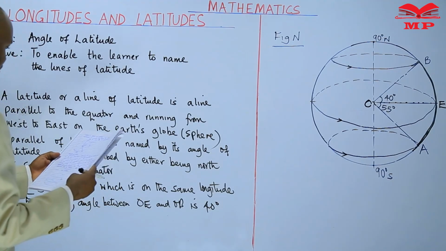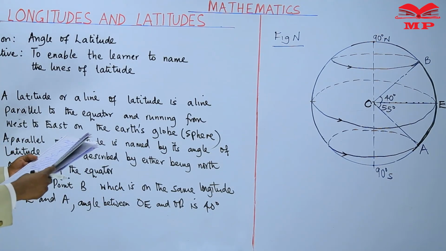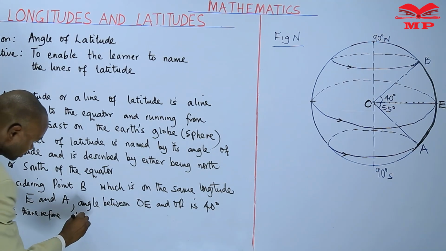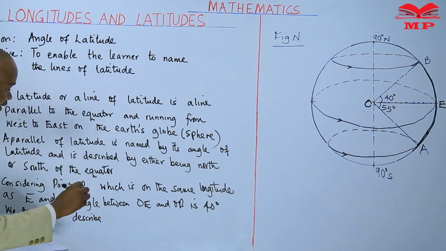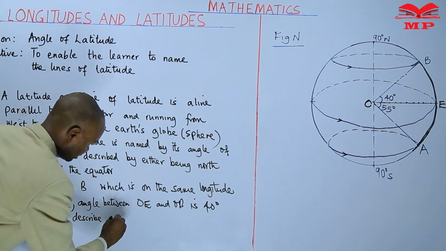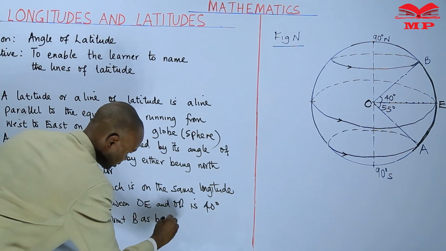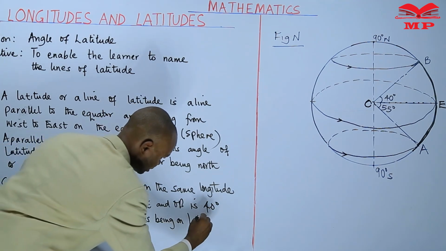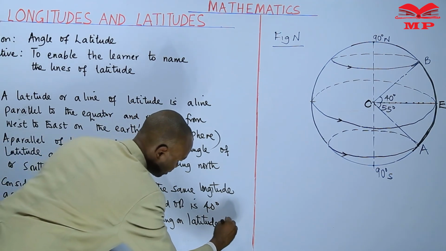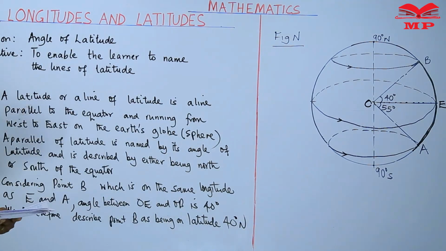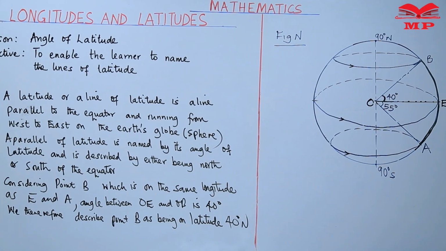So we therefore describe point B as being on latitude 40 degrees north.